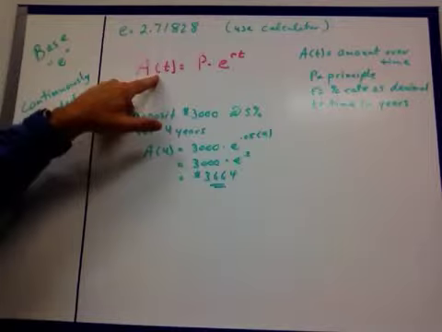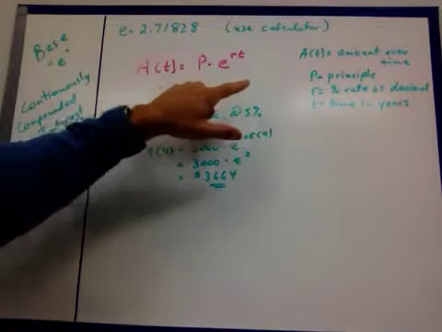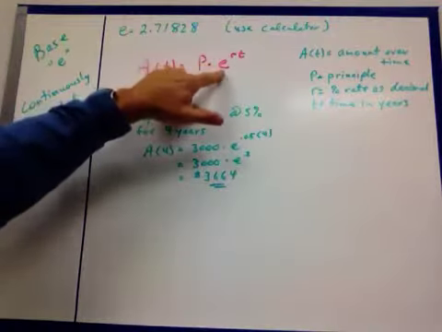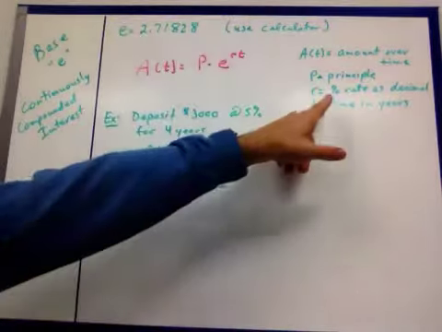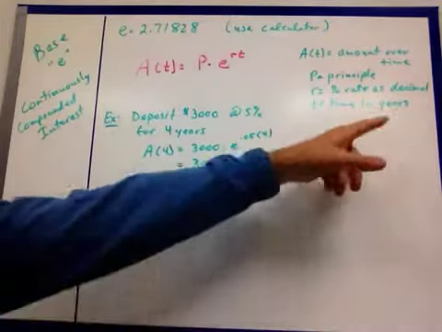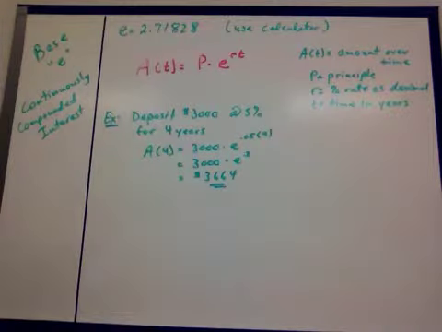So the amount over time is equal to the principal, what you put into it, times e, this number right here, raised to the rt power, where r is the rate as a decimal and t is your time in years. So if you deposited $3,000 at 5% for 4 years, how much money would you have at the end of 4 years?